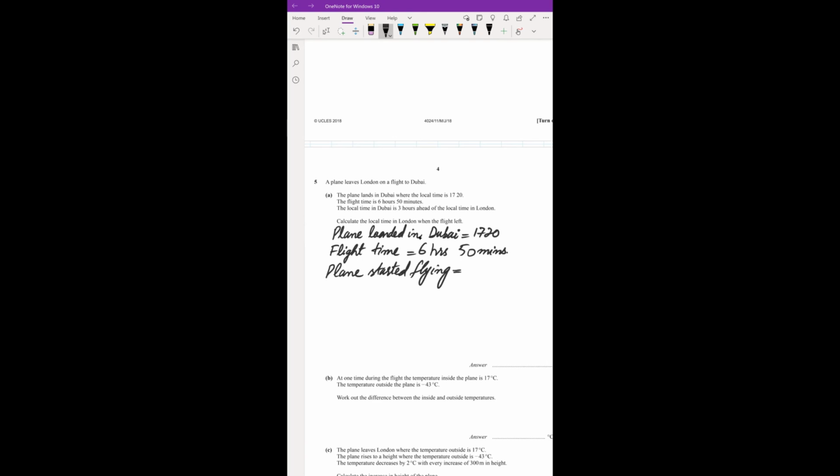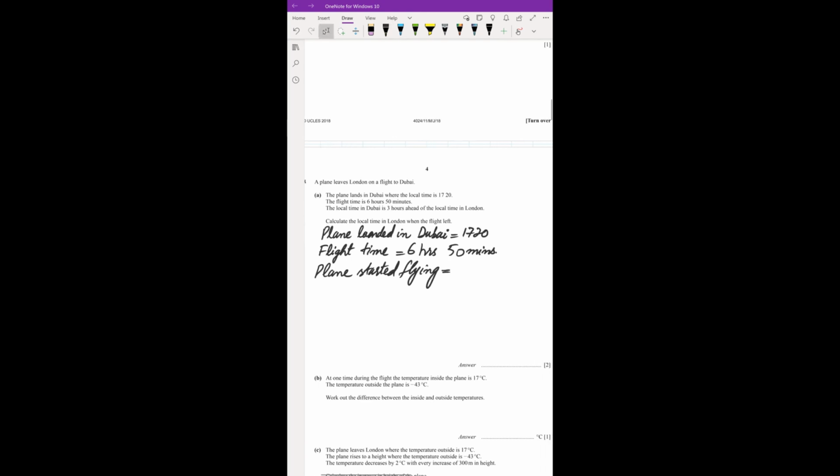We will first subtract 50 minutes from this time, so the time that we get is 1630 hours, and then we will subtract 6 hours further from this time. So the time that we get is 1030 hours. It means that the flight left London at 1030 hours.